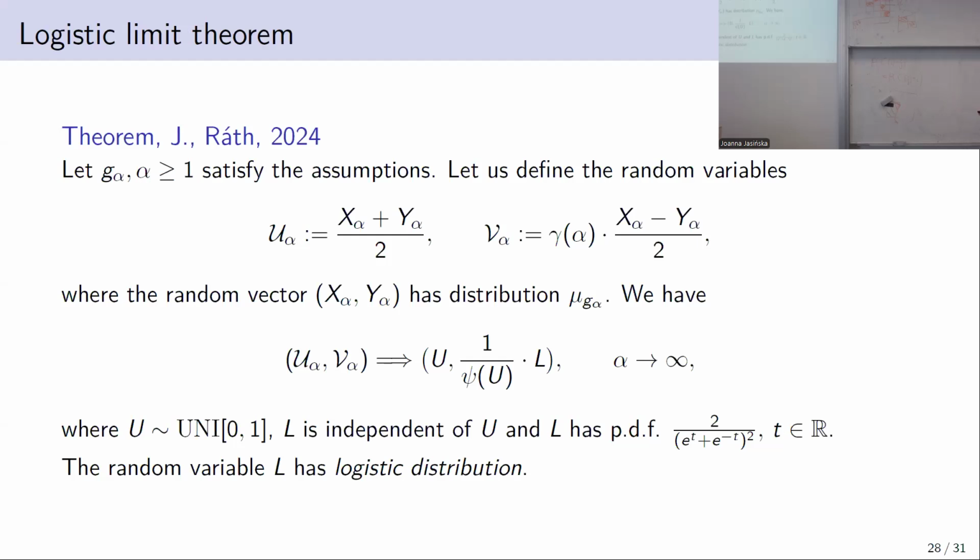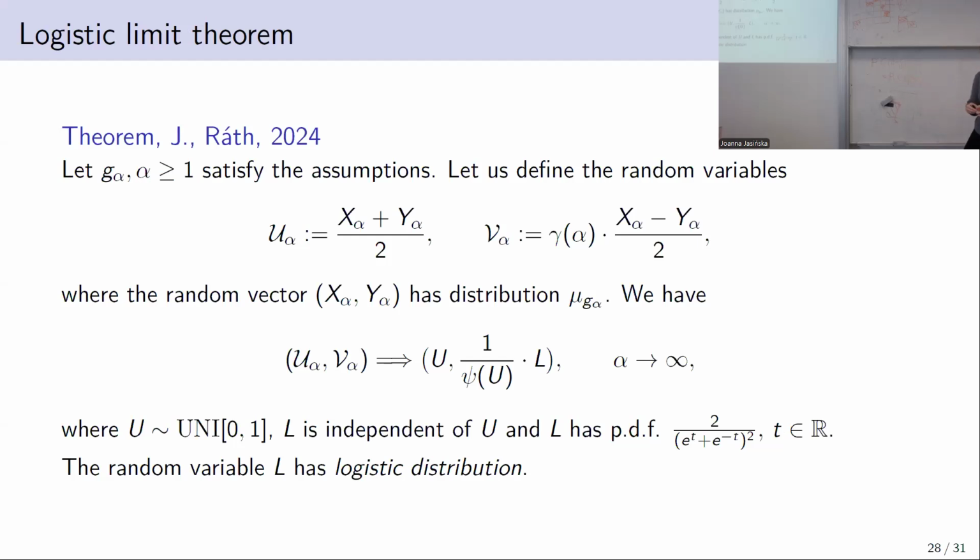How do we use them? So I define two random variables, u and v. They tell me more or less how the points from my permutation behave around the diagonal. One of them is just the mean, and another one is the difference rescaled a little bit. And it turns out that those two random variables converge in distribution.